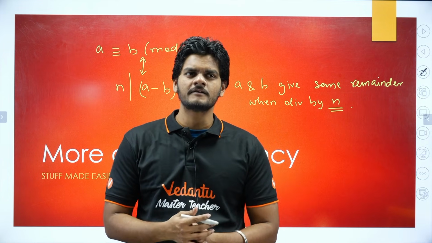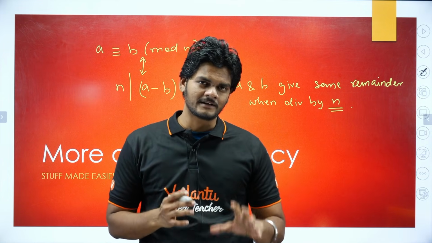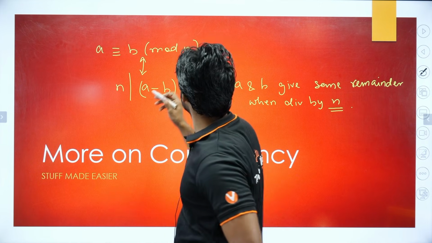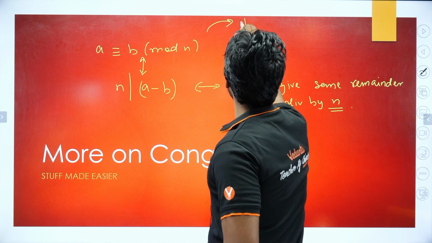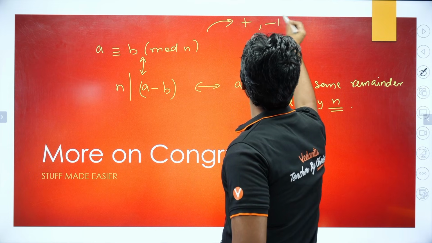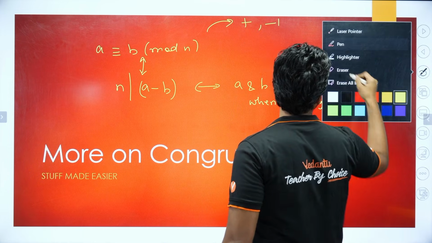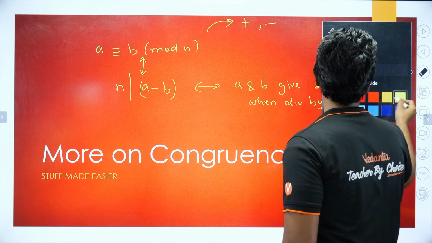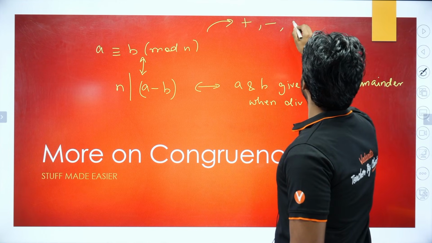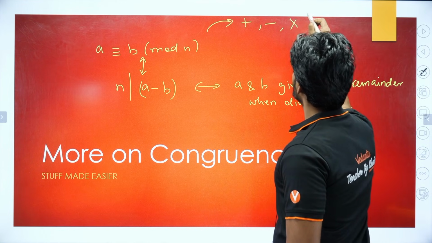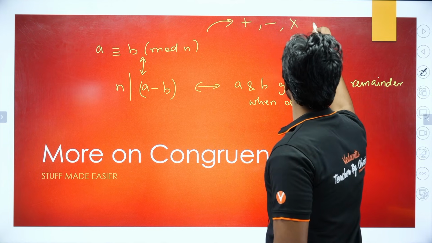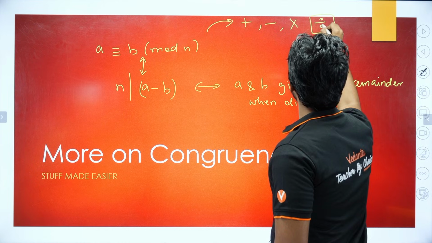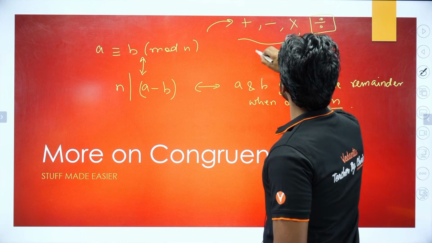We talked about modular arithmetic, right? So this satisfies plus, minus, and product also it satisfies, but division is a bit complicated. All these three are satisfied.